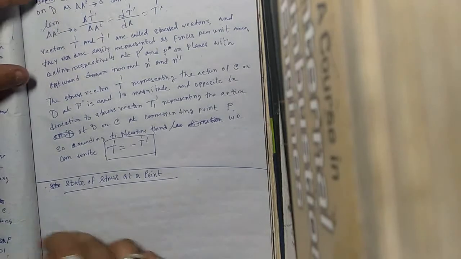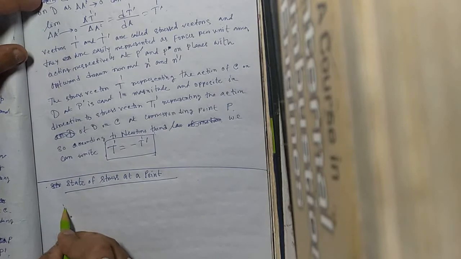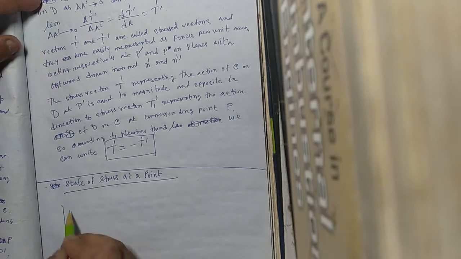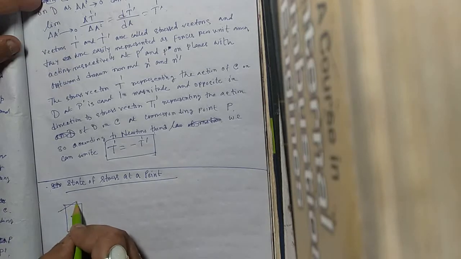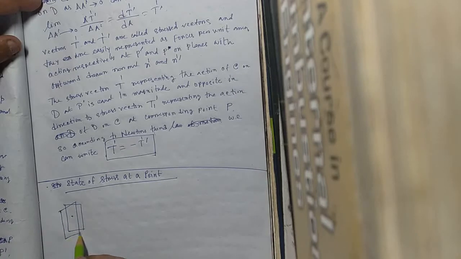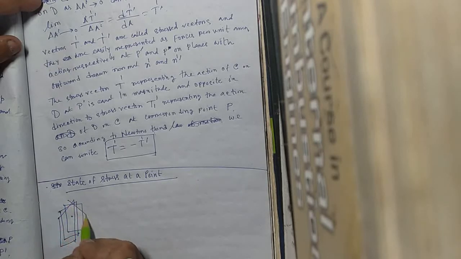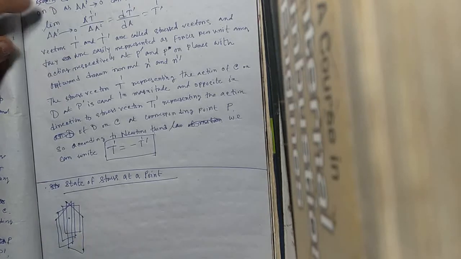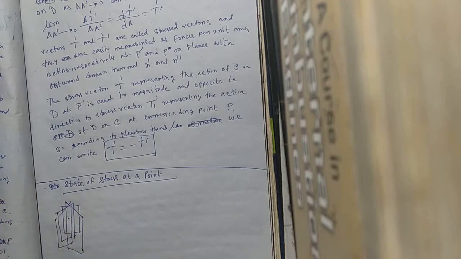So if this is a point, we can draw this plane, this plane, this plane, then this plane. So we see that we can draw an infinite number of planes through a point.